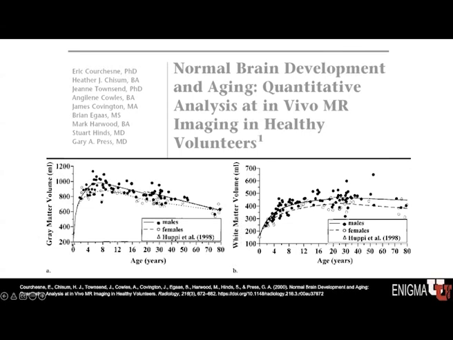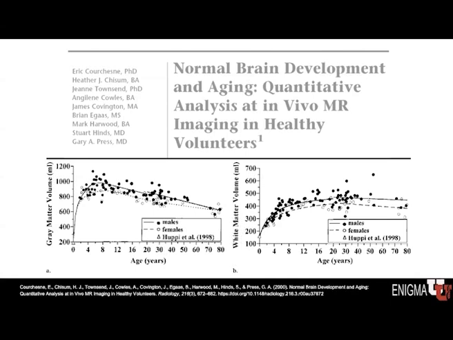And so you can see that early on after birth, there's a significant increase in the volume of this gray matter. And then it peaks, and then starting about the time of puberty, there is a decline in that gray matter volume over time. Again, this is part of the normal development.